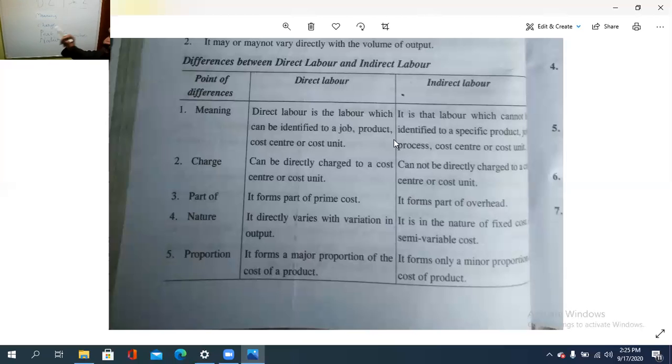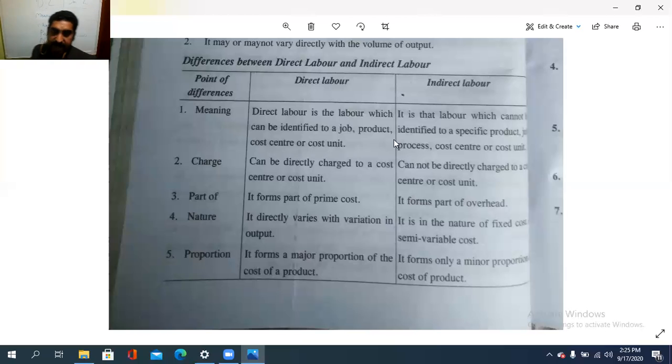So once again, meaning: directly traced, indirectly traced. Then charge: direct labor is directly charged to a cost center or cost unit, while indirect labor is indirectly charged. Direct labor is a part of the prime cost, because prime cost is direct material, direct labor and direct expenses, as in the cost sheet, while indirect labor is a part of the overheads.